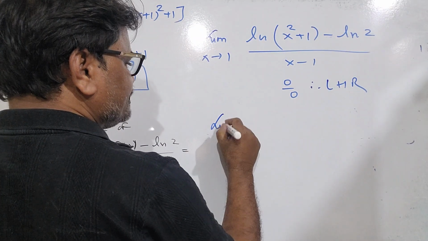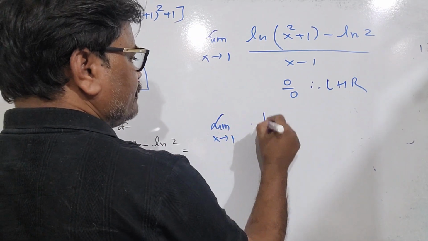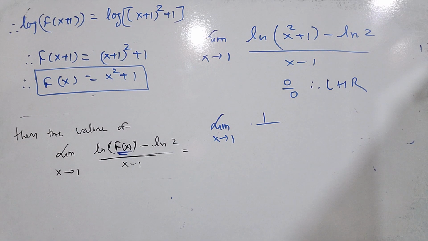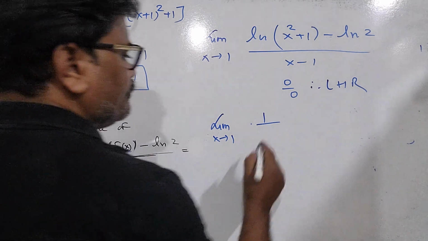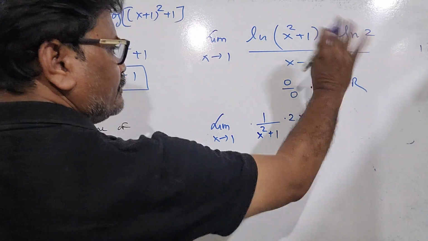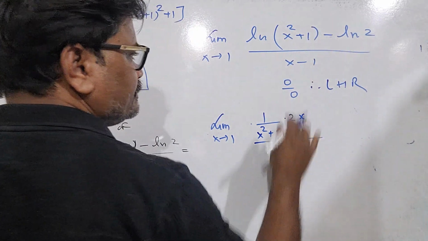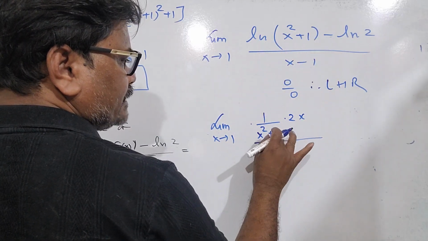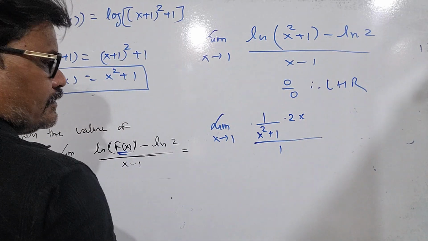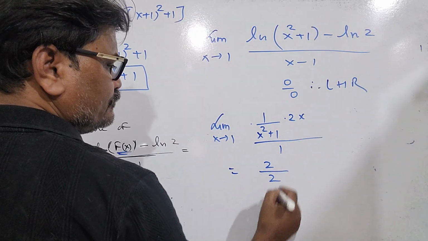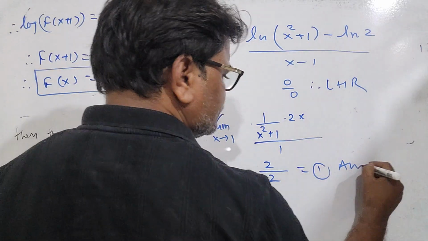So this is the limit x approaching 1 of 1 upon x squared plus 1 into 2x. Differentiation of the denominator is 1, differentiation of the numerator is 1 upon x squared plus 1 into 2x. Then I can put the limit. So the limit is 2 divided by 2, and that is equal to 1. So 1 is your answer.